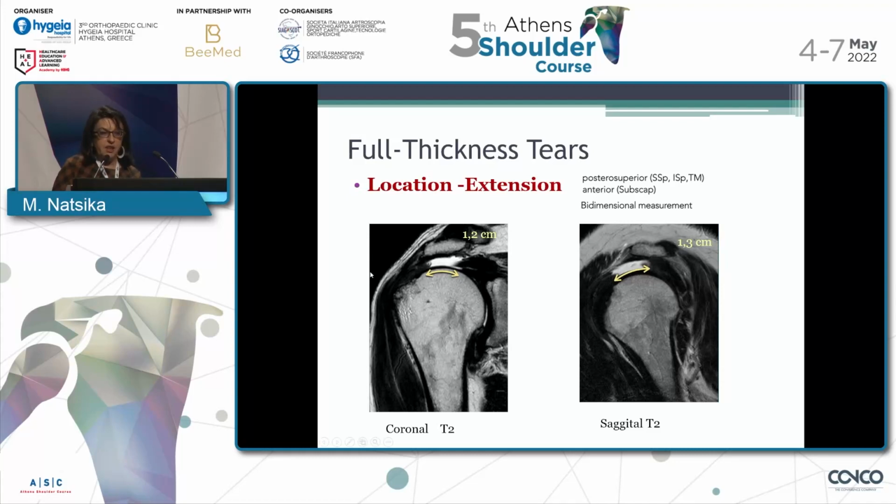Also, we divide them when looking at the location and the extension, and we see from the posterior superior part to the anterior part, and we have the rotator cuff, and we can go through bidimensional measurement, as here in the coronal plane and the sagittal plane.